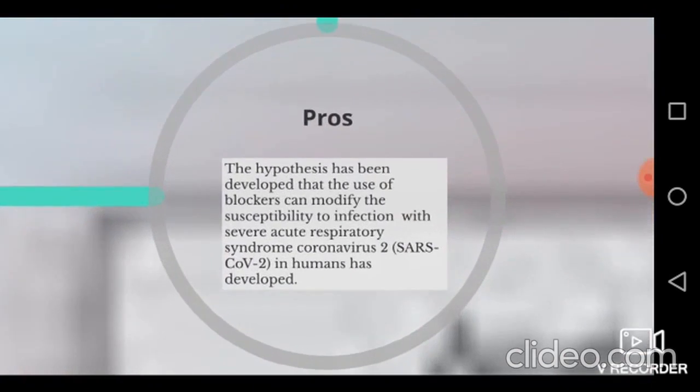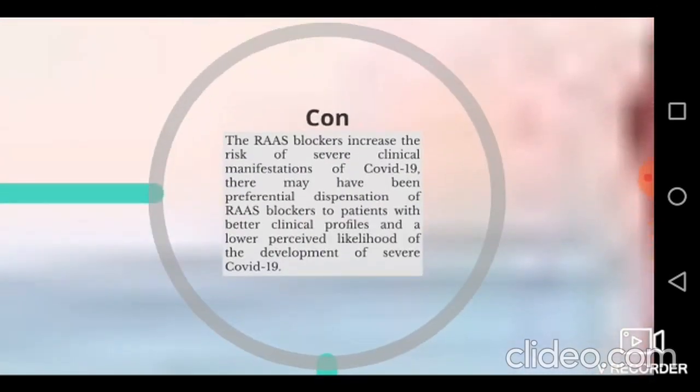Pros. The hypothesis has been developed that the use of RAS blockers can modify the susceptibility to infection with severe acute respiratory syndrome coronavirus 2, SARS-CoV-2, in humans and develop. The RAS blockers increase the risk of several clinical manifestations of COVID-19.